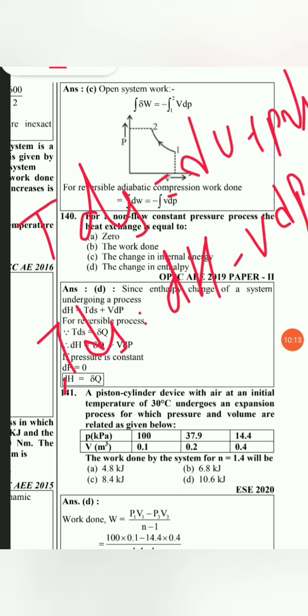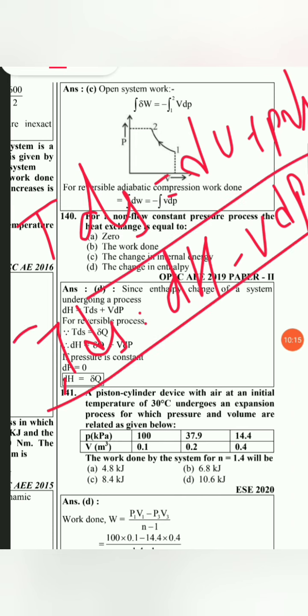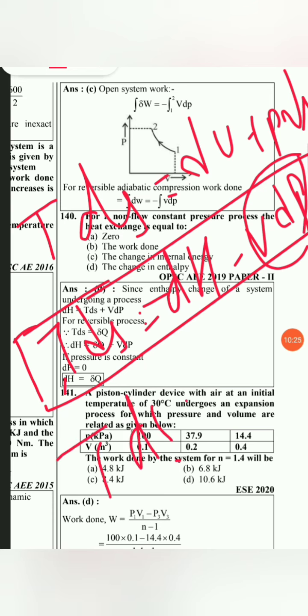For a constant pressure process, if you use the second equation, pressure is constant, so this term vanishes and TdS will be equal to dH.